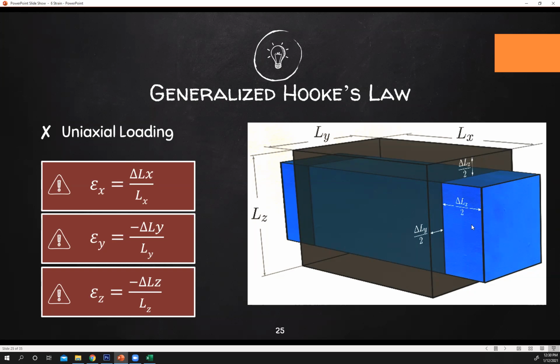So here, deformation is just change in length along that dimension. For example, here, strain in x is just change in Lx along the x direction over original length Lx.